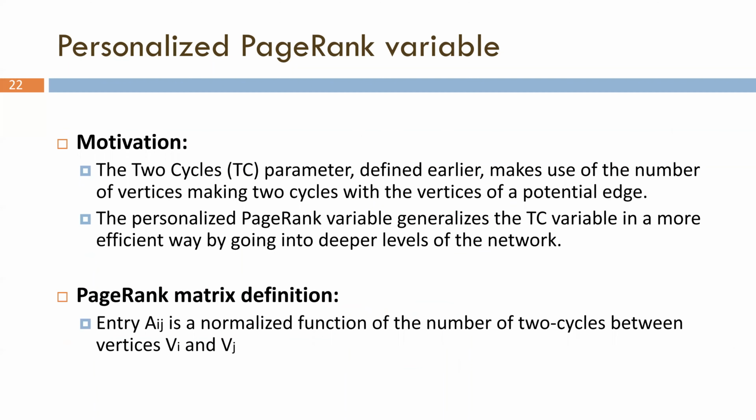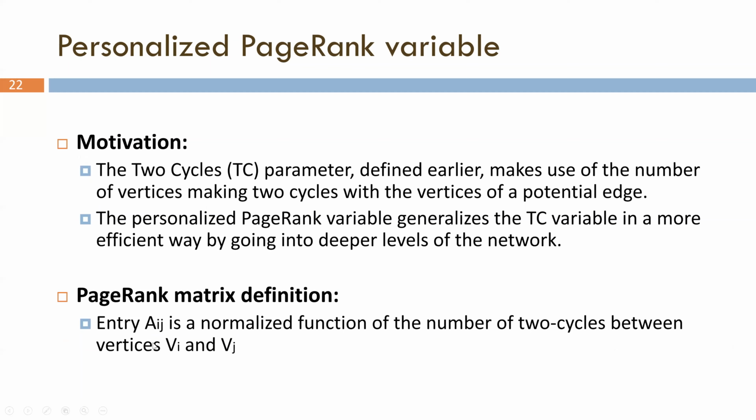0.085. And the motivation for using this is that the 2 cycles parameter defined before takes care of 2 cycles only for the vertex U. So what if you directly don't have any 2 cycles, but you might have some neighbor or neighbor's neighbor who is in 2 cycles? So we capture this information by going into the deeper levels of the network.